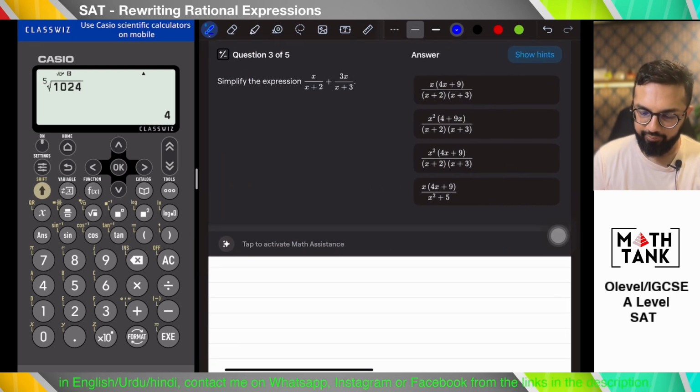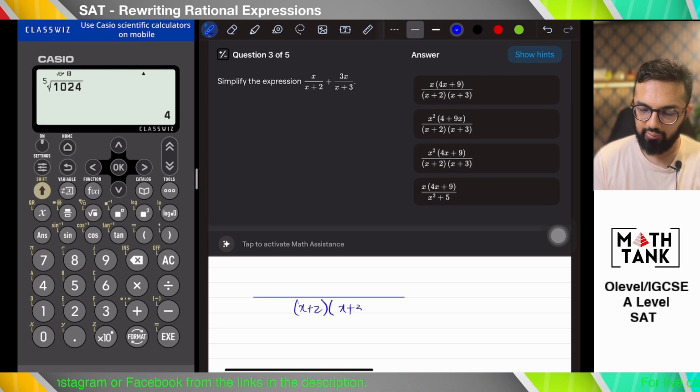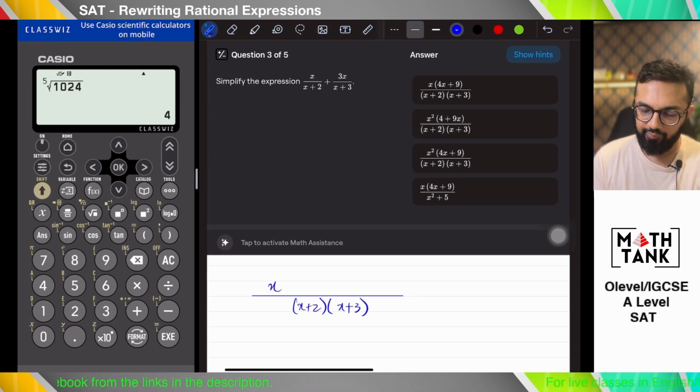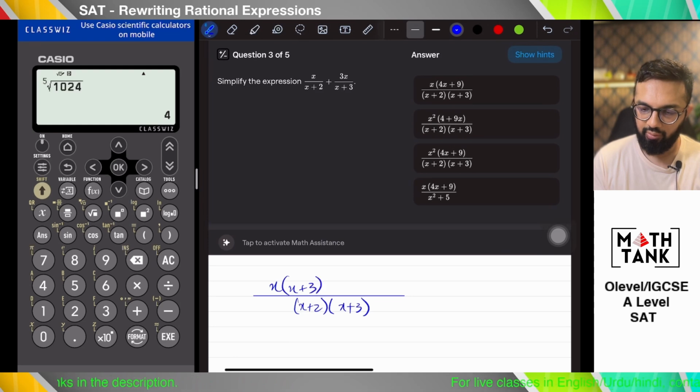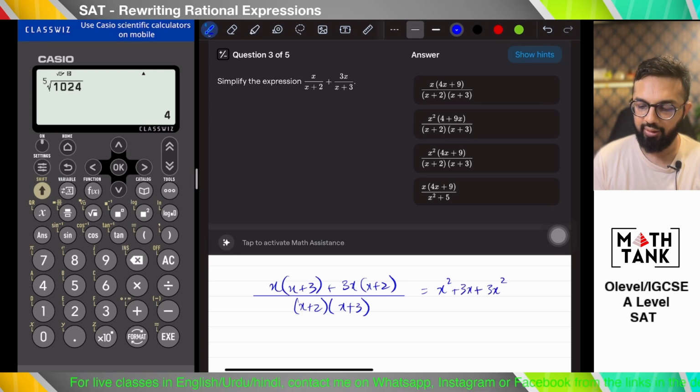Question number 3. So I get x squared plus 3x plus 3x squared plus 6x. And x plus 2 and x plus 3.